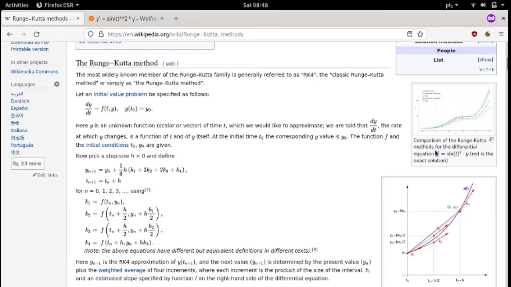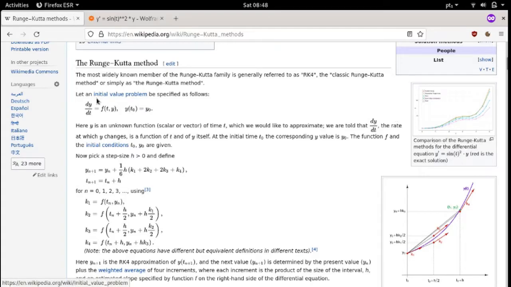The equation that we're going to solve is this equation here. So you see here dy/dt equals sine squared of t times y. So you have one first derivative here, and here you have a function in t and y.